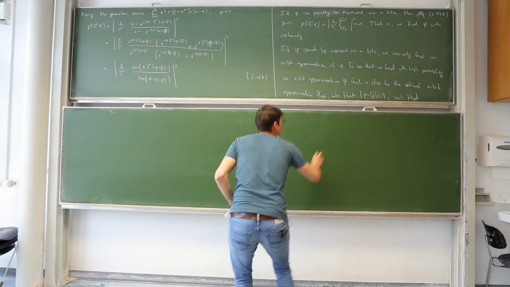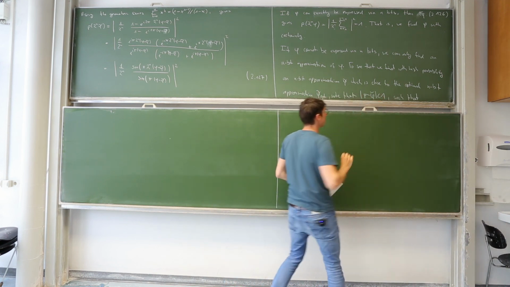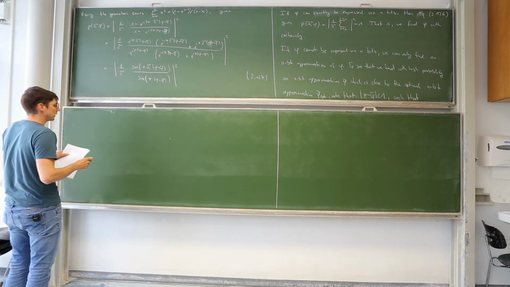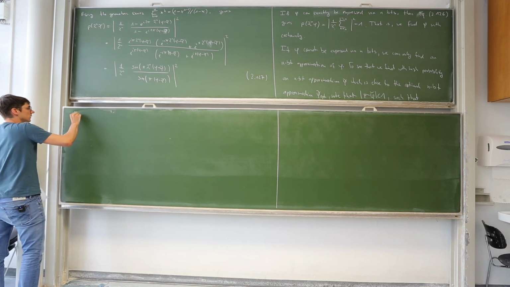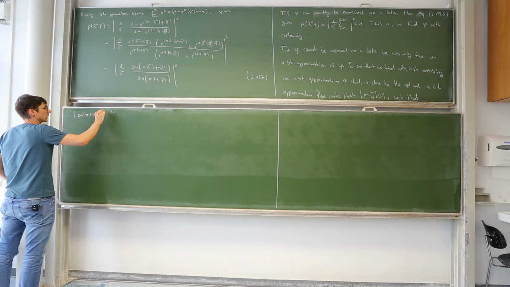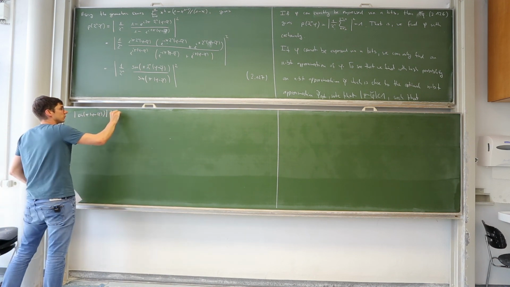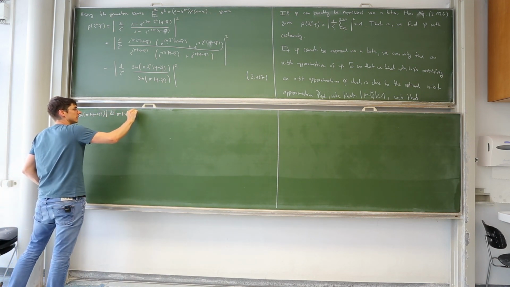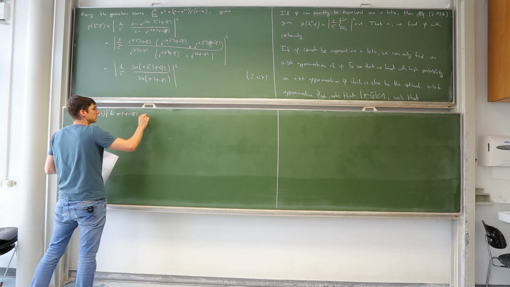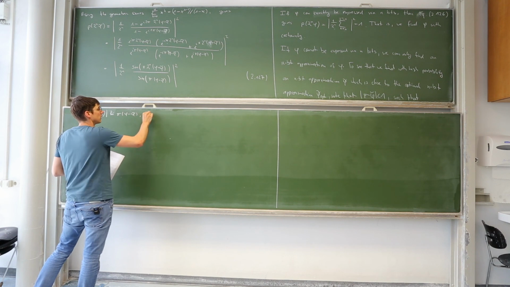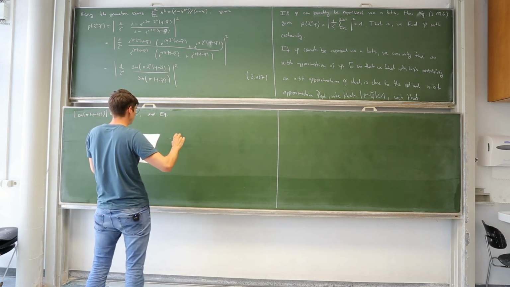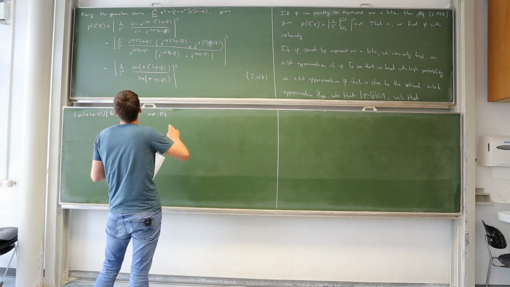So given that phi minus phi tilde is always smaller than 1, we have that the modulus of sine of pi times phi minus phi tilde must be smaller or equal to pi times phi minus phi tilde. And equation 130, which one is it? This here.